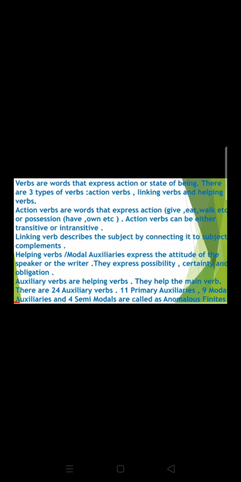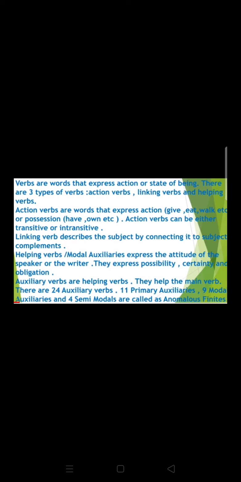Verbs are words that express action or state of being. There are three types of verbs: action verbs, linking verbs, and helping verbs. Action verbs are words that express action, for example, give, eat, walk, etc., or position, for example, have, own, etc. Action verbs can be either transitive or intransitive.